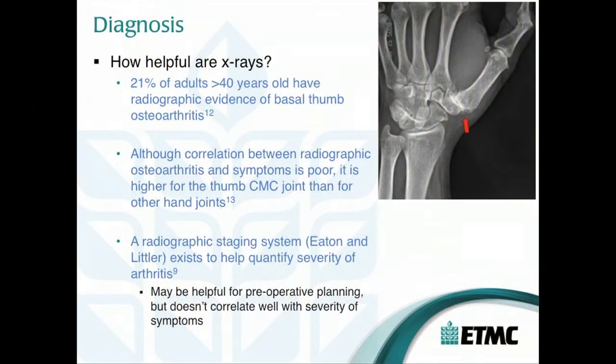We combine the information we get from the X-rays, but more importantly, from talking to the patient and examining the patient. There is a radiographic staging system that exists to help quantify the severity of the arthritis. A lot of the time it doesn't alter how we manage the condition, but if a patient commits to going to surgery for it, it might be helpful for preoperative planning for the surgeon.